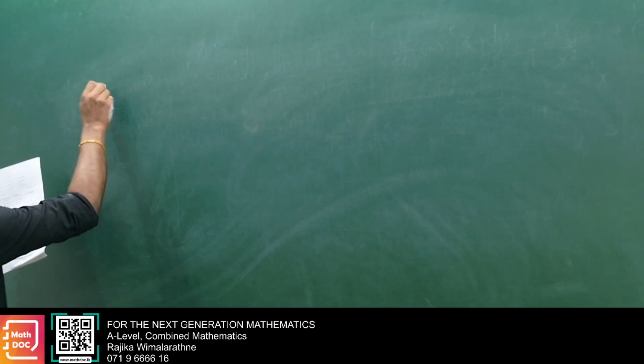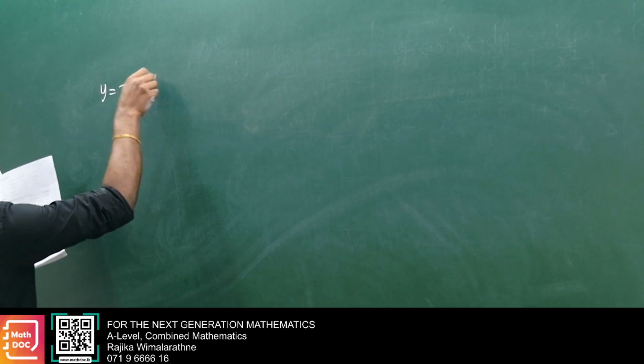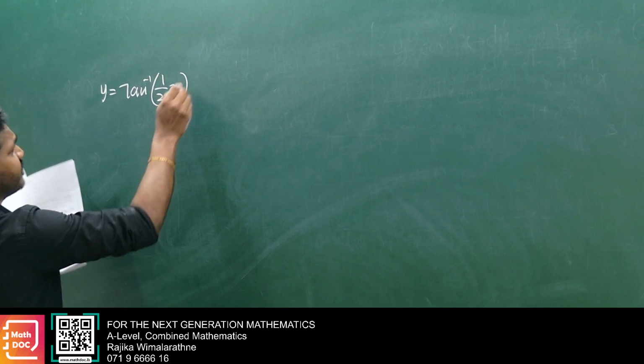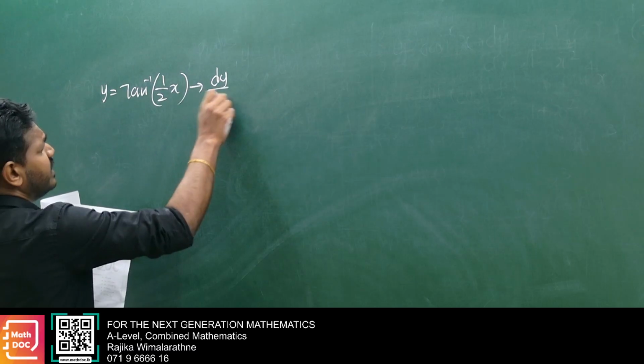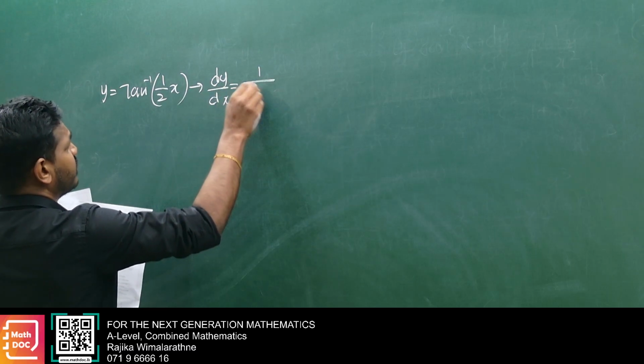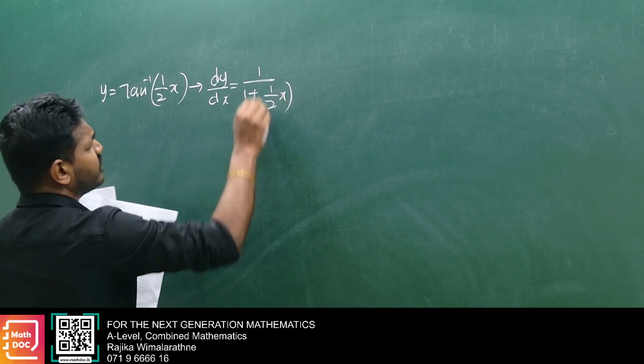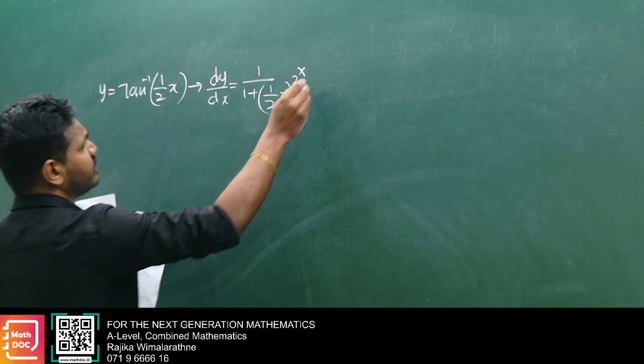y equal tan inverse half x: dy by dx is 1 over 1 plus (x over 2) squared, into half.